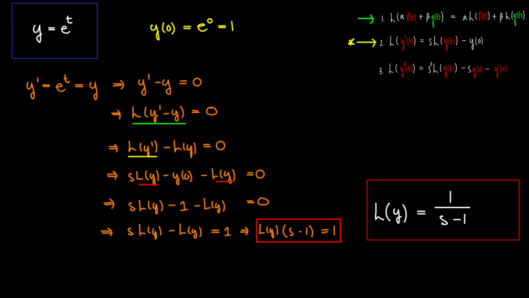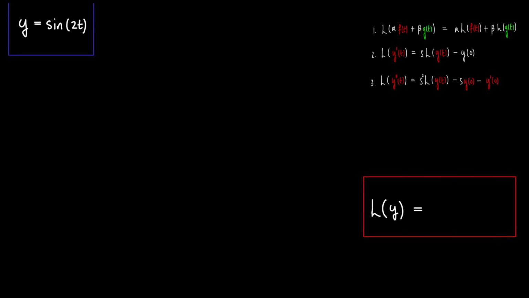So let's look at another example to see the technique in action. Here we're asked to calculate the Laplace transform of this trigonometric function, sine 2t. We have to do a bit more here.